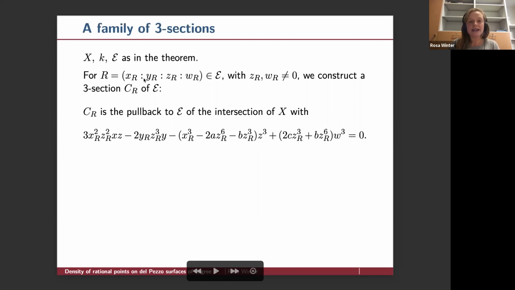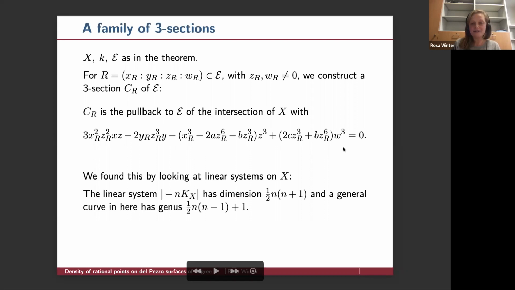For any R in the elliptic surface with non-zero Z and W coordinates, we construct a 3-section of the elliptic surface, given by this very explicit equation. It is the pullback on the elliptic surface of the Del Pezzo surface intersected with this hyperplane.